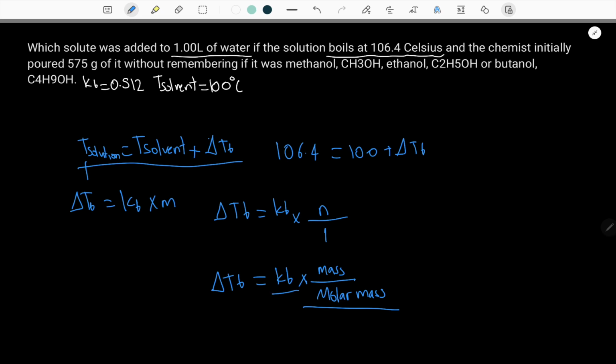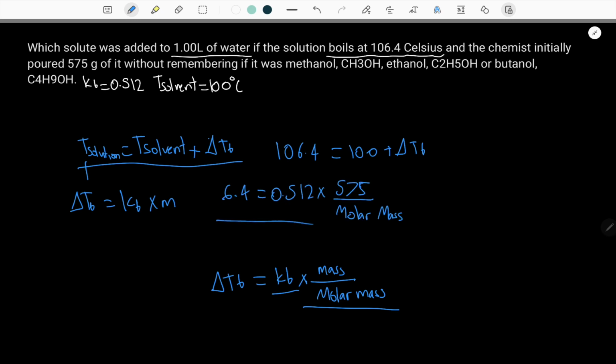Now you can write the final equation, and you can do shift solve on your calculator to find the molar mass, which is a very fast way to do it, and you will get the molar mass as 46. Now you can find the molar mass of each of them, and whichever is 46, that will be the answer.